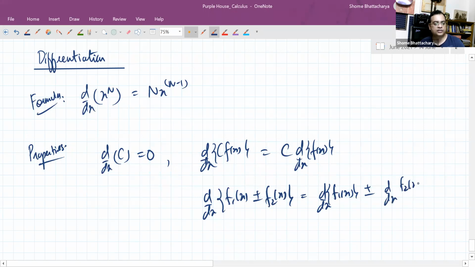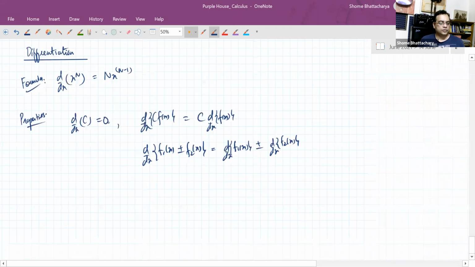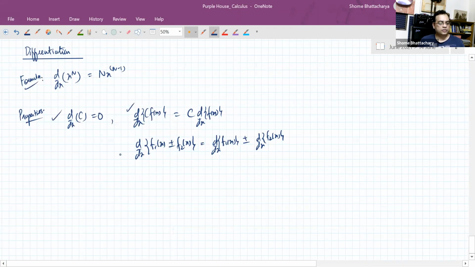Now we will build further on these properties and formulate a little bit today. So these three properties we've seen, and this particular formula so far.